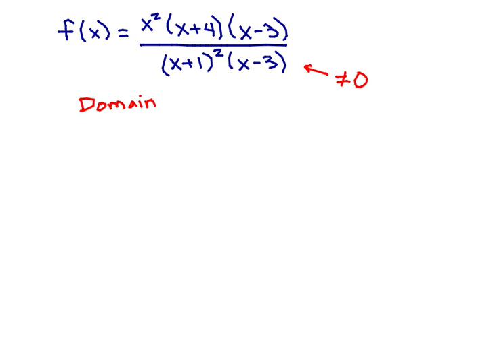So if we think more basic, is there anything up top that I can't put in for x? Is there anything that gives me like an undefined or unreal answer? No. So I can put anything I want in on top. So that's all real numbers, so to speak. Anything that I can't do on the bottom? Well, there's not anything specific I can't do, because there's no square roots or anything, right?